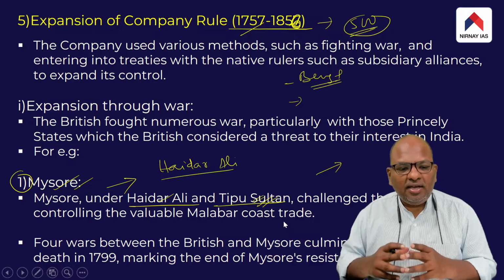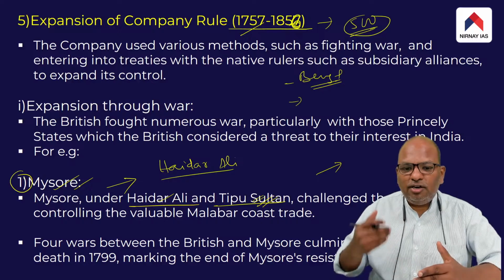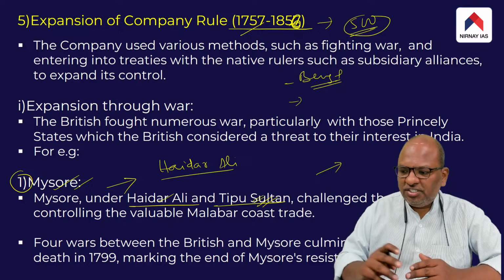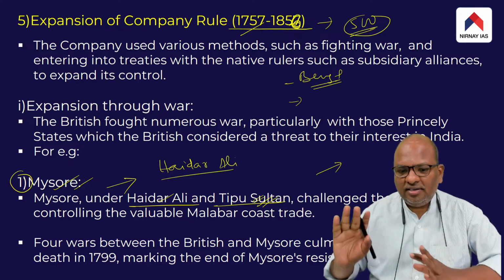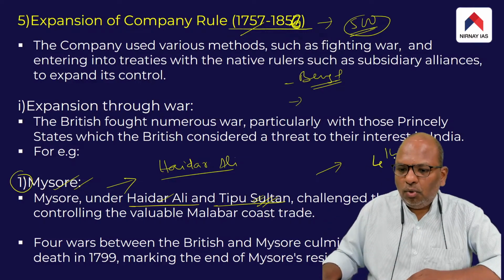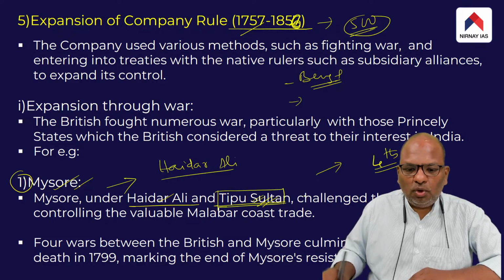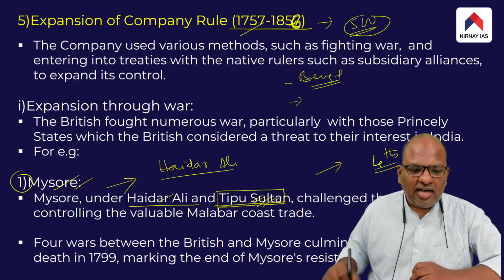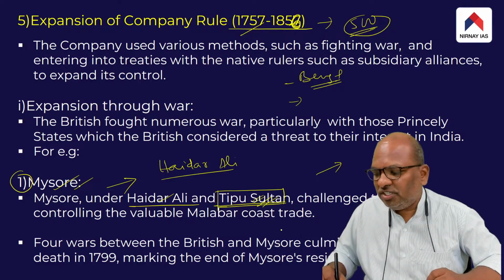They wanted to make Mysore a powerful kingdom, and the British immediately began to feel threatened. They fought four wars against the Mysore rulers. It was in the fourth war that Tipu Sultan, the ruler of Mysore, was defeated and killed. Thereafter, the entire territory of the Mysore kingdom was annexed to the British territories.